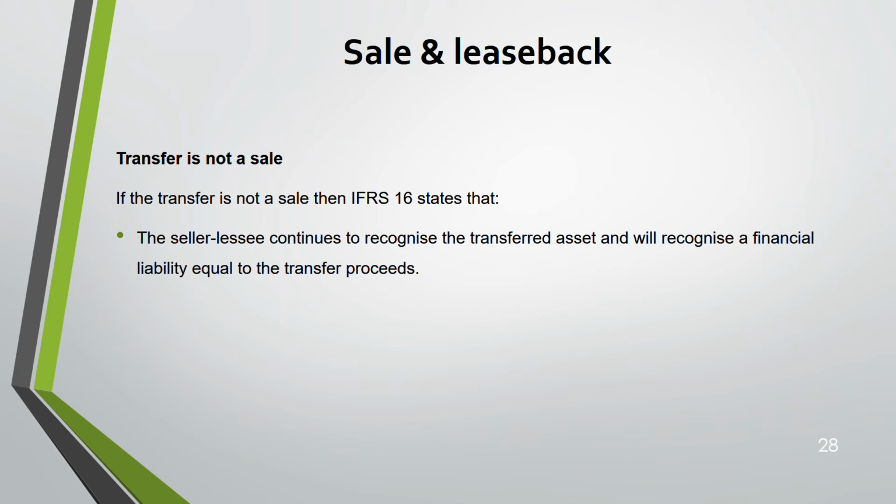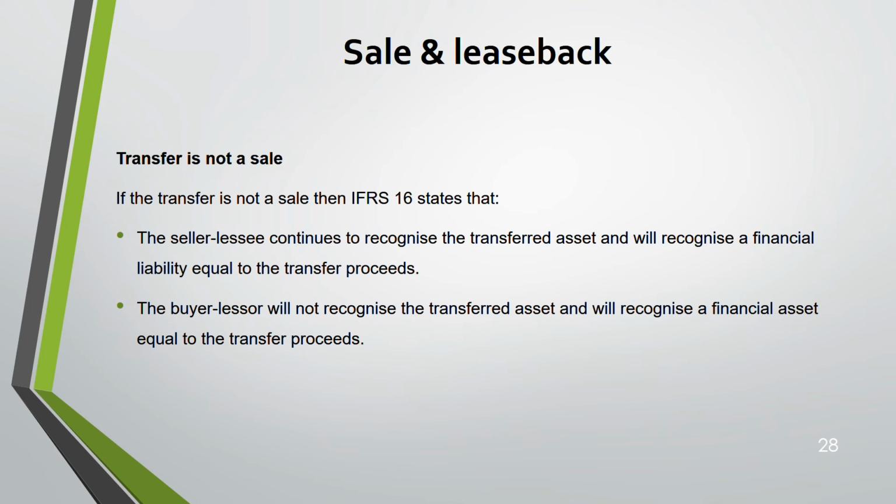Understood? Don't think from the point of view of the seller that because you have sold, you are going to receive. Think of it in this way: the lessee has sold and is now leasing back. So again, the lessee becomes a lessee once they are leasing it back. So the lessee is going to pay the lessor. So they have an obligation to pay the lessor. That's why it's a financial liability. Okay.